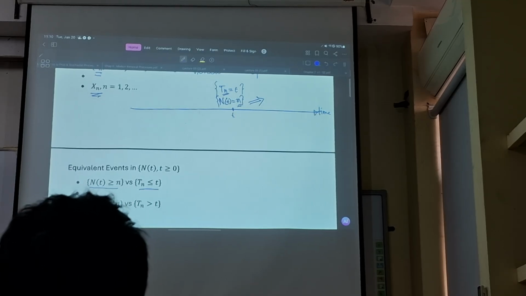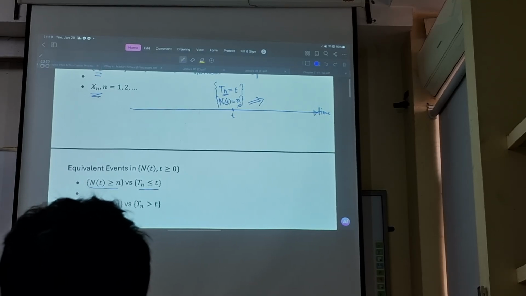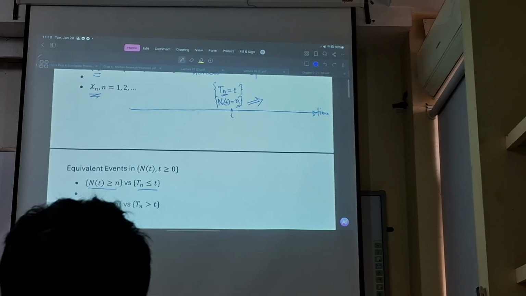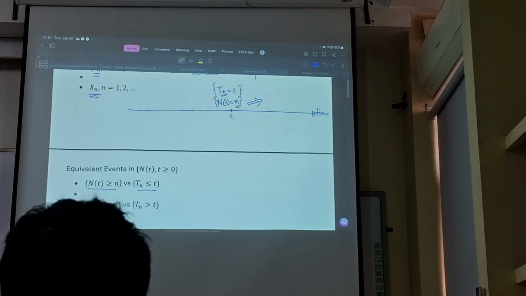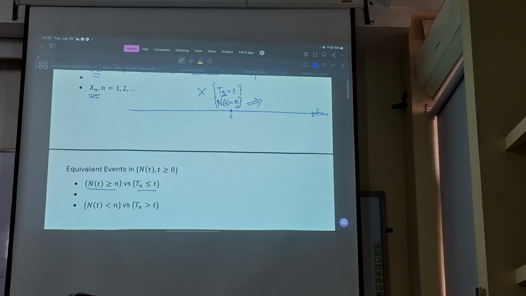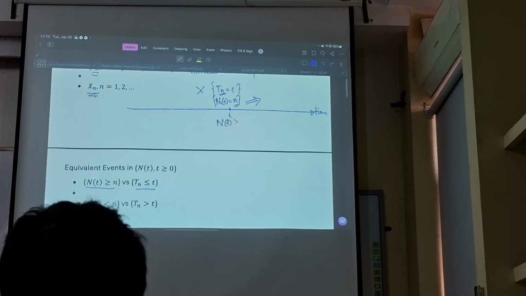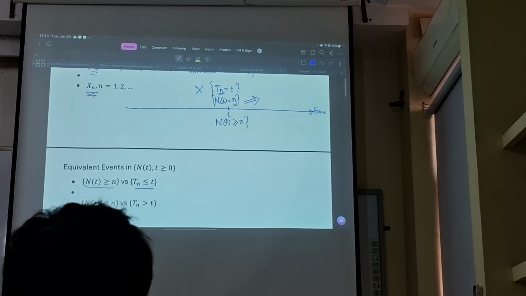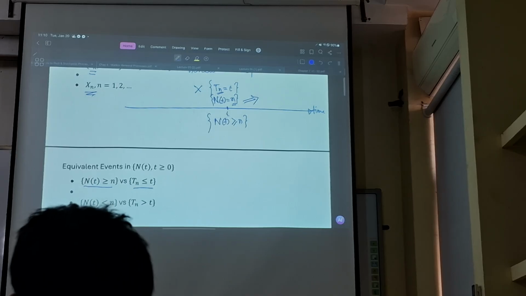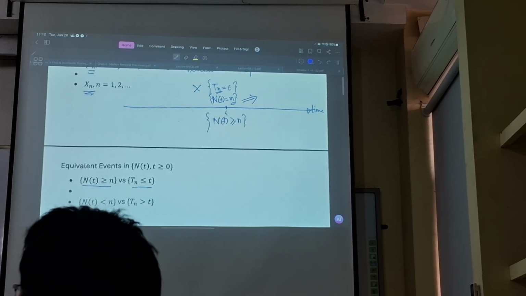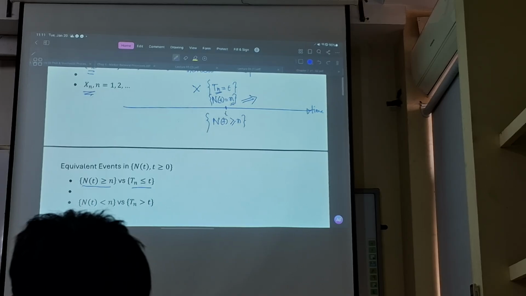So both of these events are identical, but theoretically not usable in a continuous scenario. So we will not consider this one. Instead, we will consider this event: N of t is greater than or equal to n. What does it mean? By time t, n or more events.